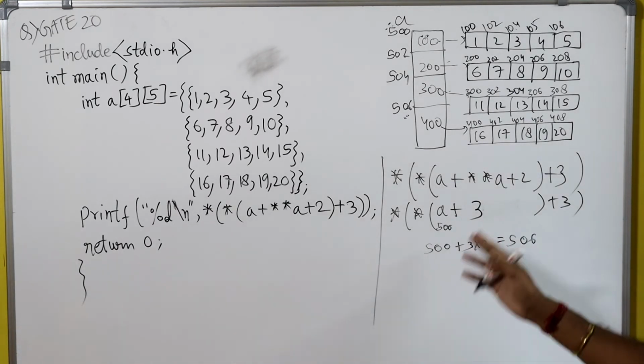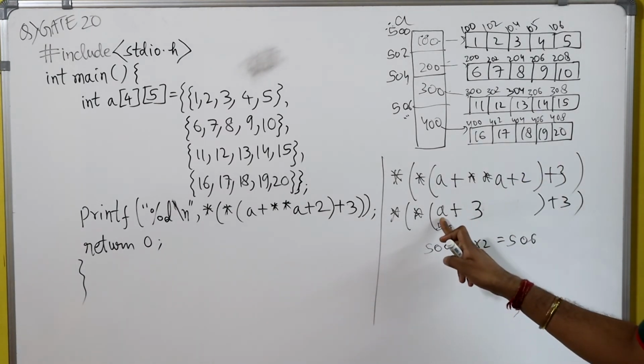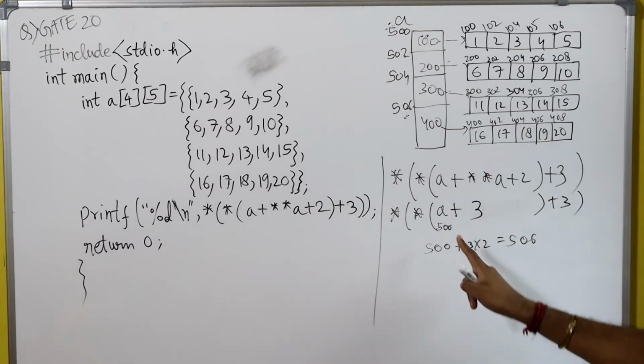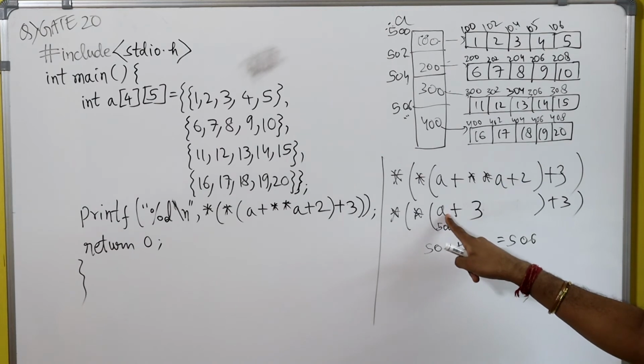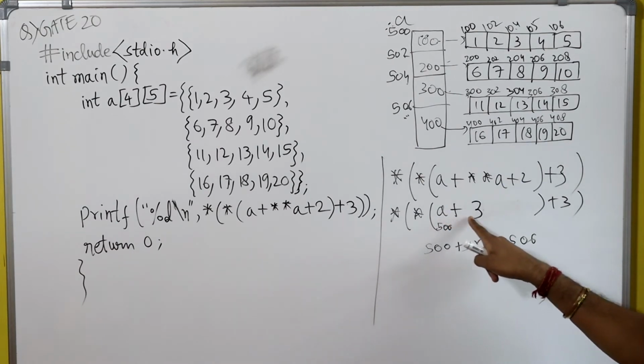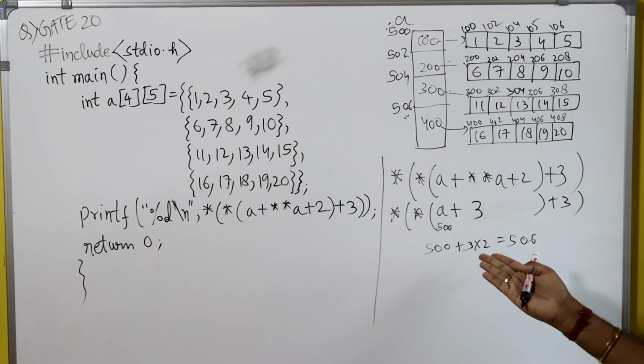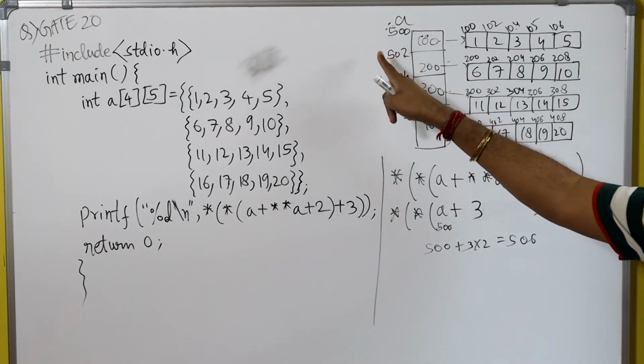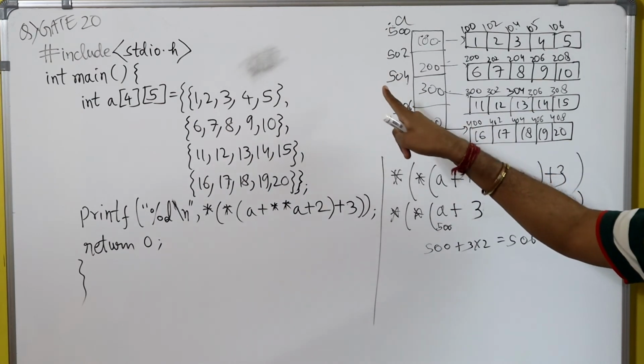Again, I will tell you. The base address of this A is 500. Then here what is left? A plus 3, that is 500 plus 3. So what is 500 plus 3? This is 500, this is 500 plus 1, 500 plus 2, 500 plus 3.